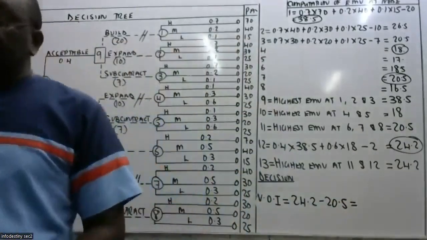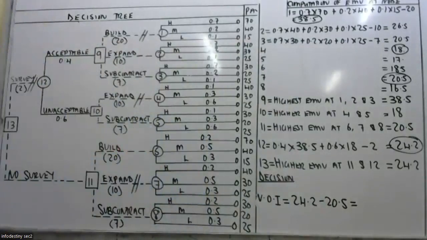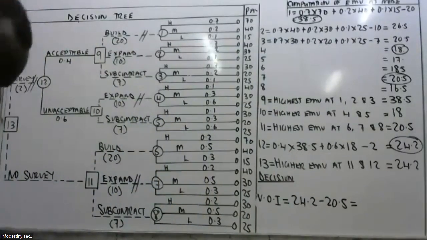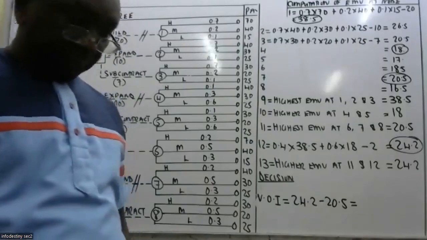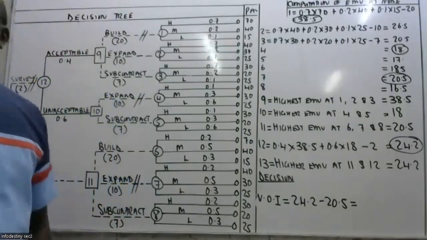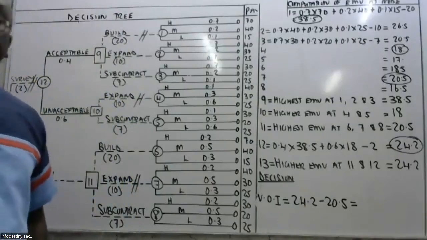I've said you select the highest, and if you are just two, then you subtract the second higher or the next biggest. That is how we get the value of information.